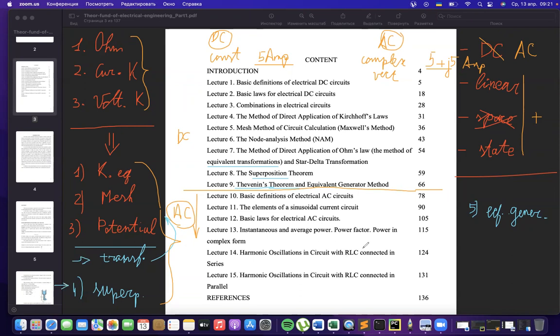Superposition theorem and equivalent generator method, or the Thevenin theorem. Two methods based on some theorems, and one useful thing called equivalent transformation. It is our plan for today. If you have any questions, please welcome. If no, then we'll just continue.